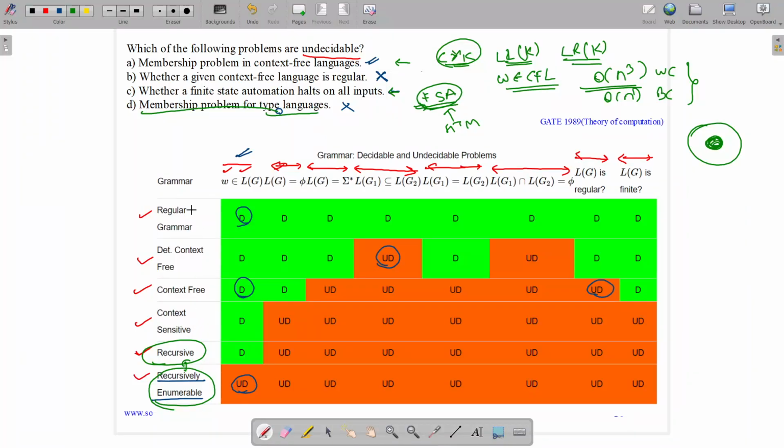Thus, the membership problem is undecidable for RE languages or type 0 languages. Thus, it is decidable only for options A and C. So it is an MSQ, and the answer is the option which says both A and C. So options A and C are correct.